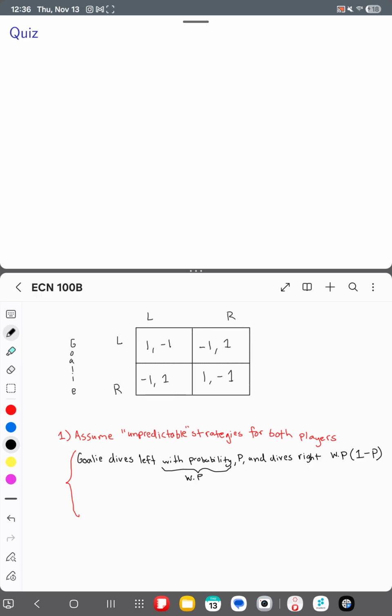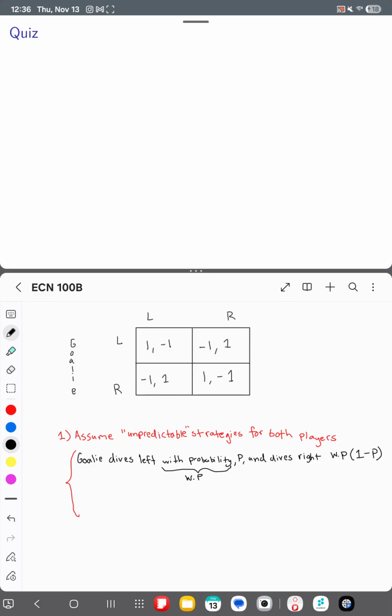So think of the probabilities as giving you some kind of relative frequency. And right now, we don't know what this goalie's unpredictable strategy should be like, so we're using placeholders. For example, it could have been that goalie dives left 50% of the time and dives right 50% of the time when they're trying to be unpredictable. And that would mean that the values of P and 1 minus P are both 0.5, 0.5.